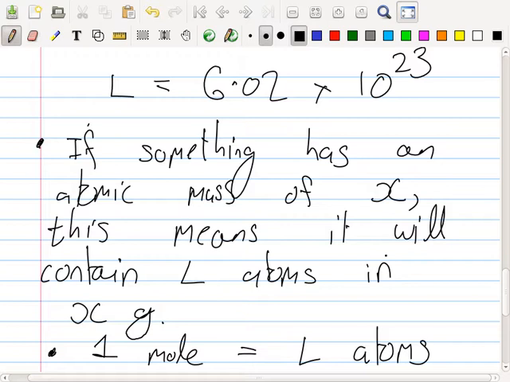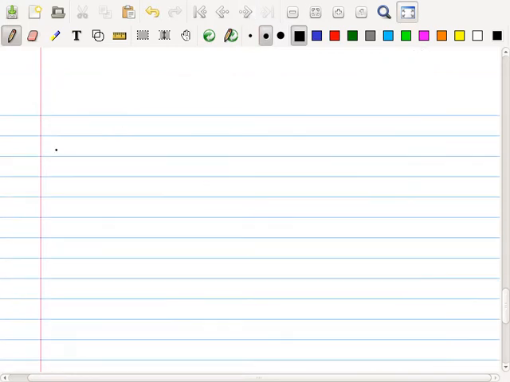What we'll do now, can I go to the next page? Okay, next page.